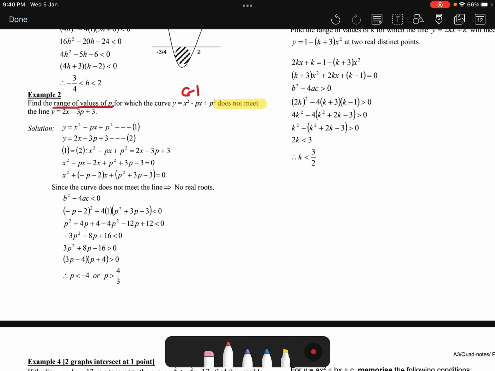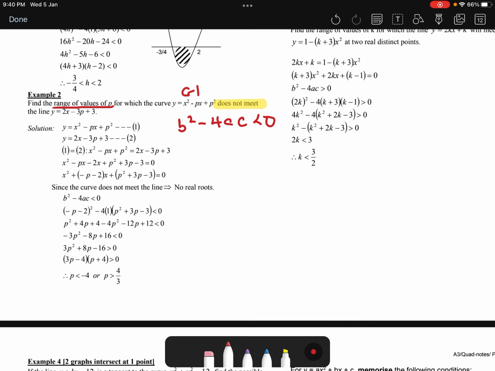Just take note that p is just any number, can be 1, can be 2. So this is the two graphs where I have a curve and a straight line. They say I do not meet, and do not meet means I must go to case 3, so b squared minus 4ac will be less than 0.